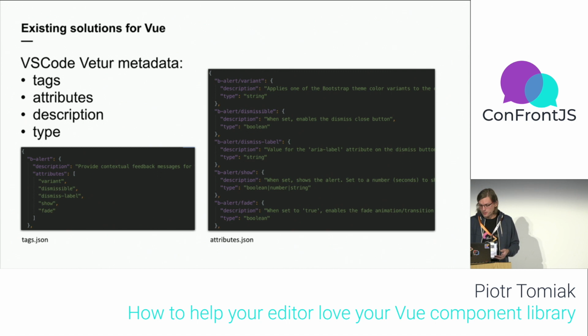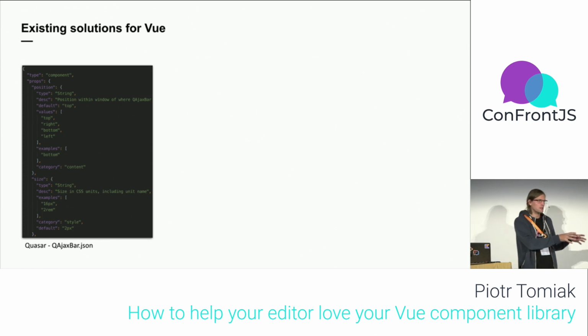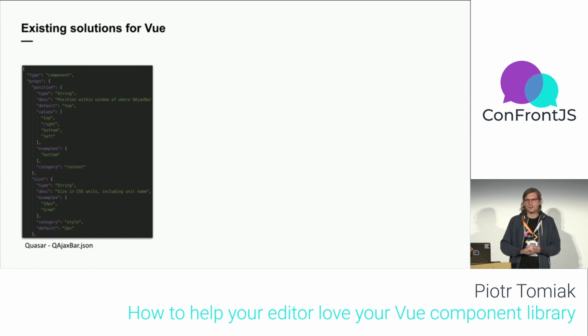So we had to look somewhere else. And we found out that a lot of libraries are actually shipping some API JSON files with them. Like Quasar is shipping a JSON file which describes the components. And apparently every library was doing it on their own.